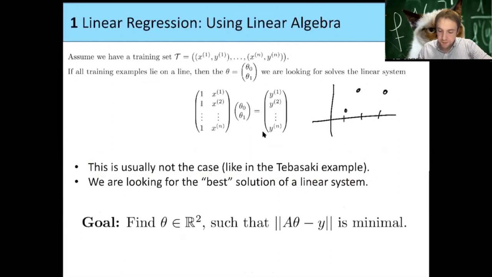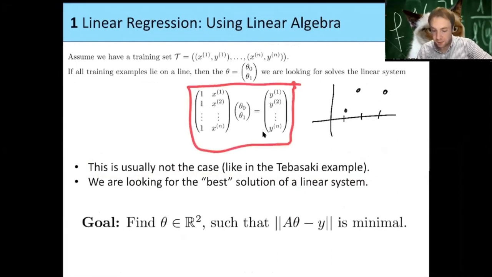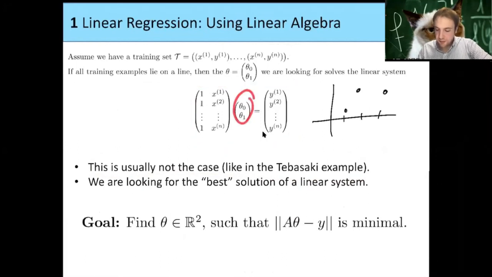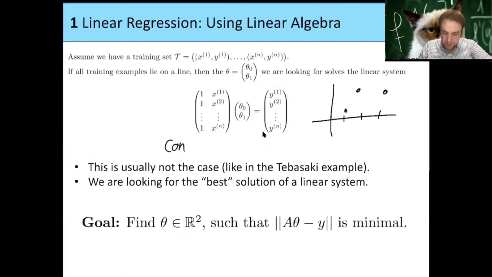And therefore, this equation here does not have any solutions, because if it had a solution, then there would be a line, because with just two parameters, this h is just one line. So usually we cannot solve this equation.